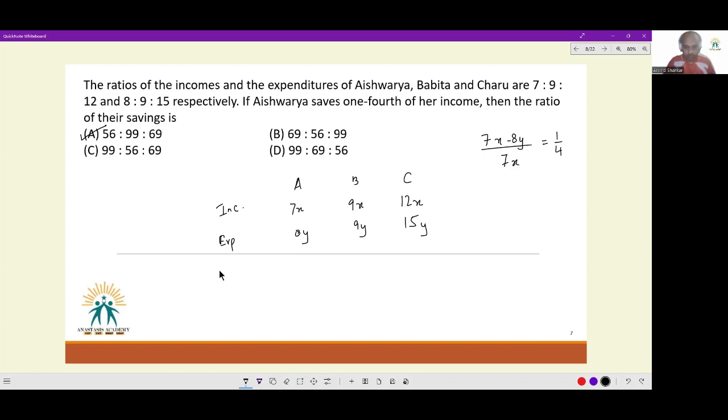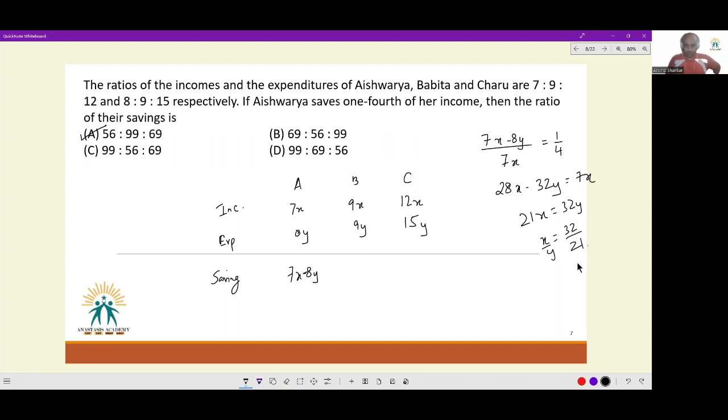The savings, using these terms, would be 7x minus 8y, and this is 1/4. This will give us a ratio of x and y. We get 28x minus 32y is equal to 7x, or 21x is equal to 32y, or x by y is 32 by 21.